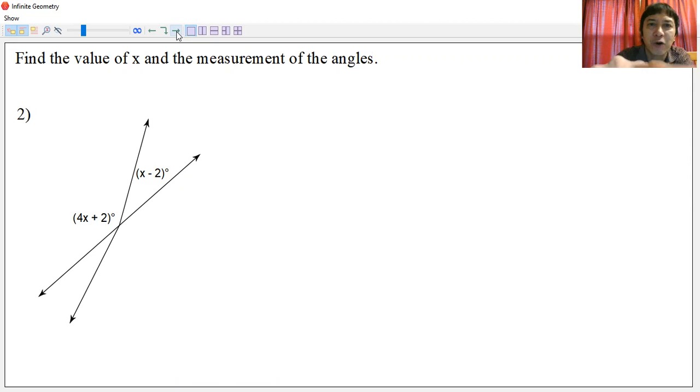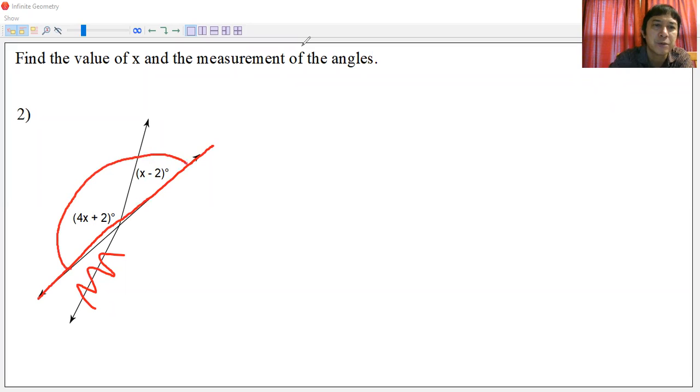You can ignore this part here and just concentrate on this straight line. That means this forms a straight angle with two angles being added to form that straight angle. So that means these two angles form a linear pair. All right, that is how to analyze this figure.